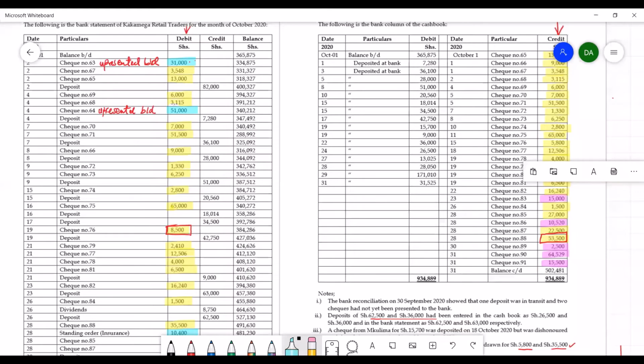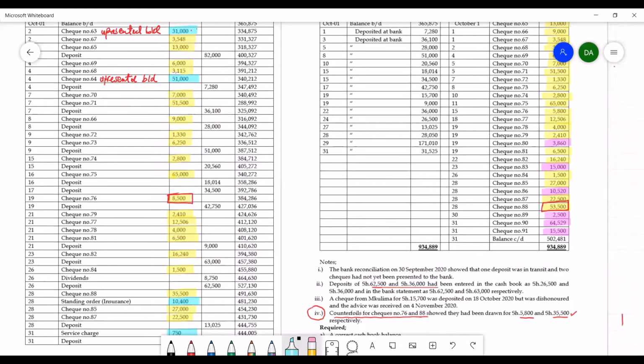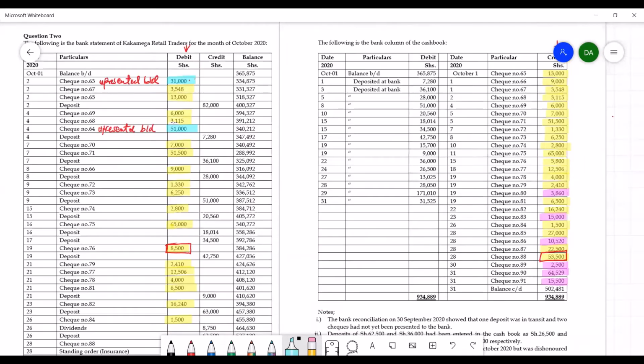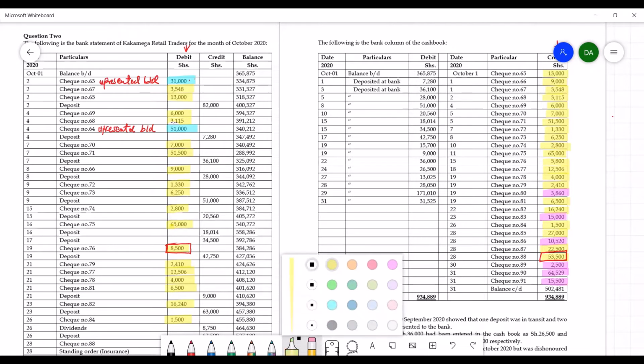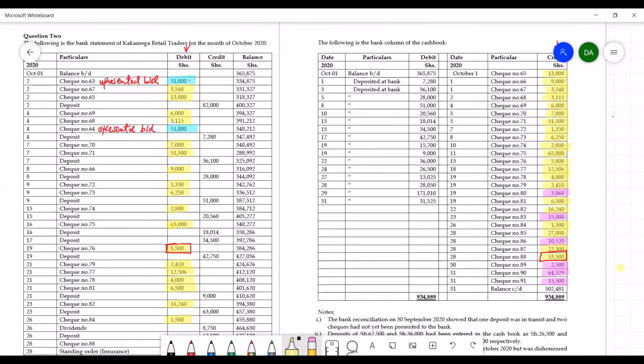We can then look at a comparison of the credit side of the bank statement with the debit side of the cash book as follows. There's a deposit in on 4th. The deposit is 82,000, and this is a deposit that you cannot find in the debit side of the cash book.